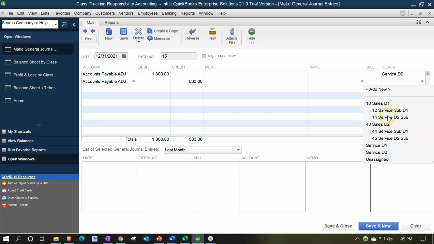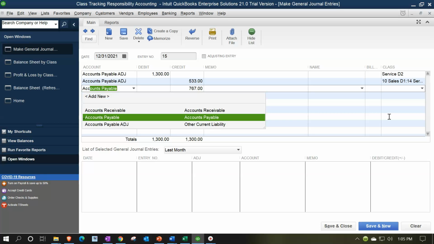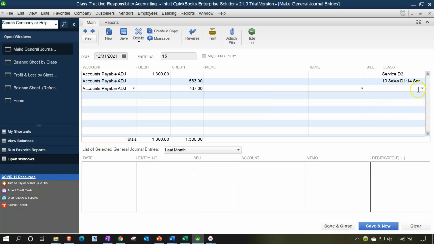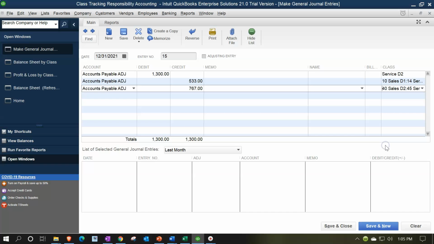So I'm sorry, yeah, service D2, and then this is going to be accounts payable adjusting entry, and this is going to be the sub account under the sales D2. This is service D2 sub. Okay, so then I'm going to say save it and close it.